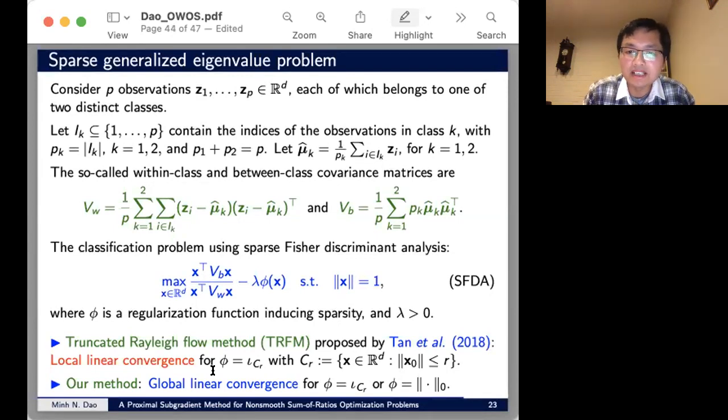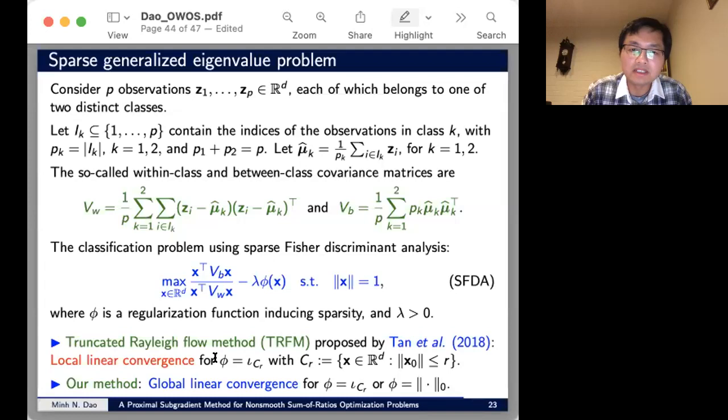In 2018, Tan and his co-authors proposed truncated regularized flow methods to solve these problems, and their methods proved to have local linear convergence.